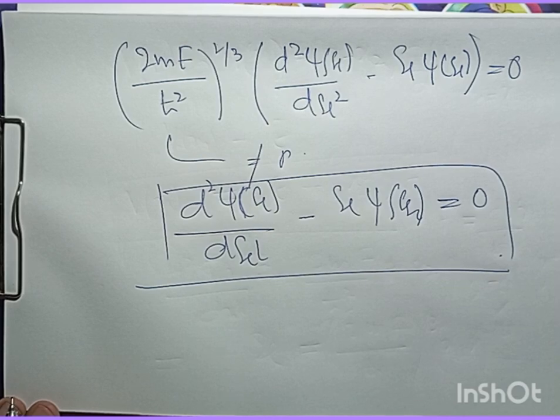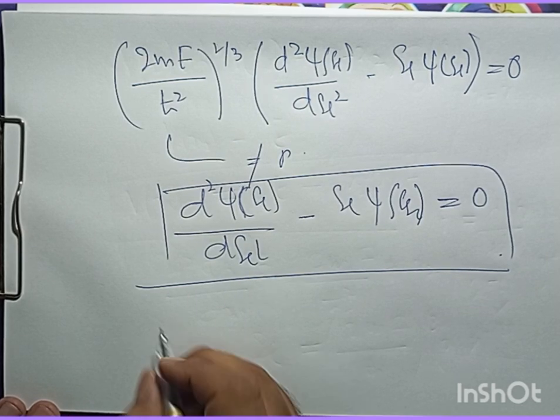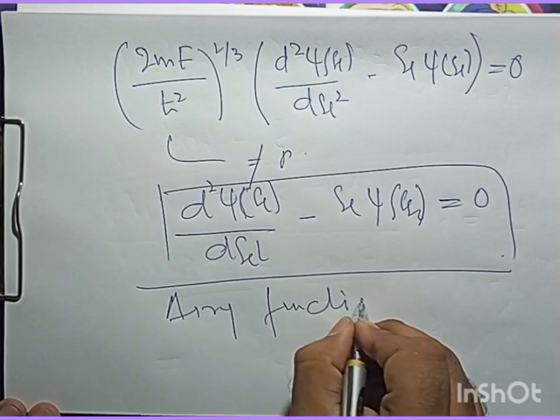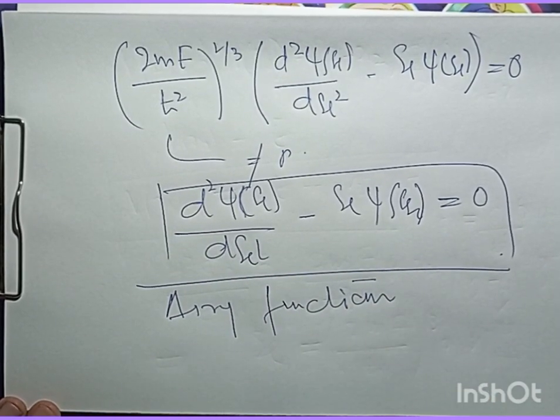Now, this is a well-known equation in mathematics, a known differential equation whose solutions are generally expressed in terms of the Airy functions. We will not go into the details of those functions.